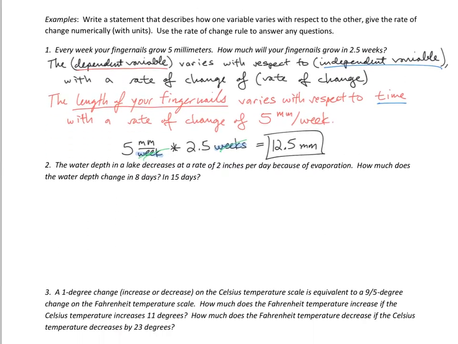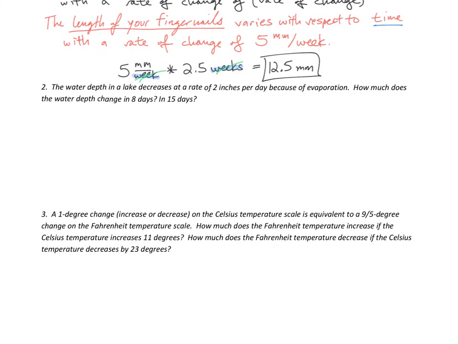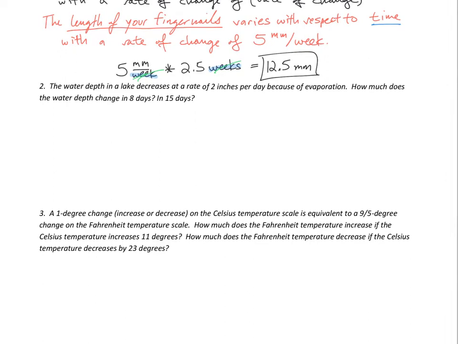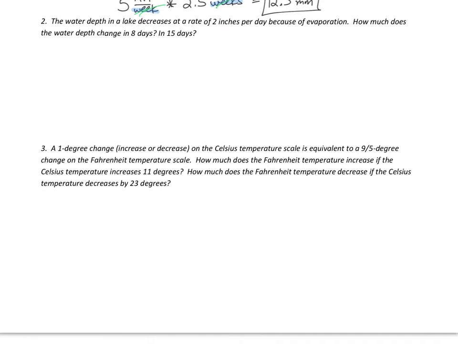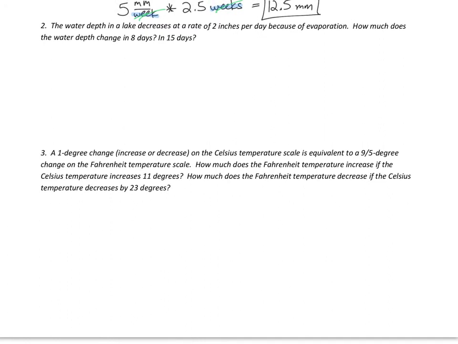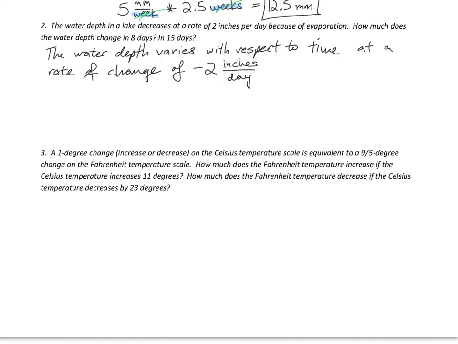For the second example, the water depth in a lake decreases at a rate of 2 inches per day because of evaporation. How much does the water depth change in 8 days? Or in 15 days? Our statement here would be, the water depth varies with respect to time at a rate of -2 inches per day.